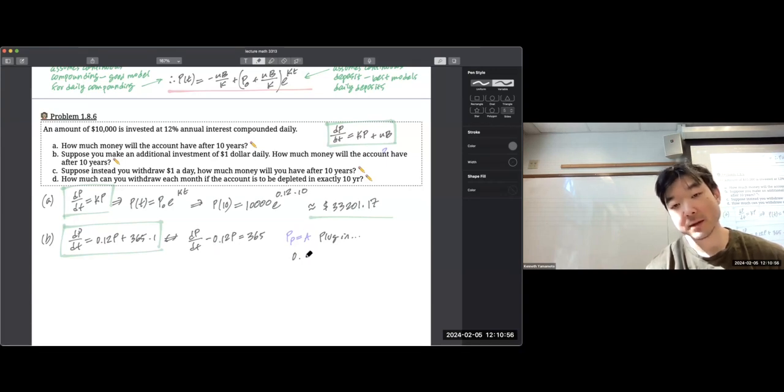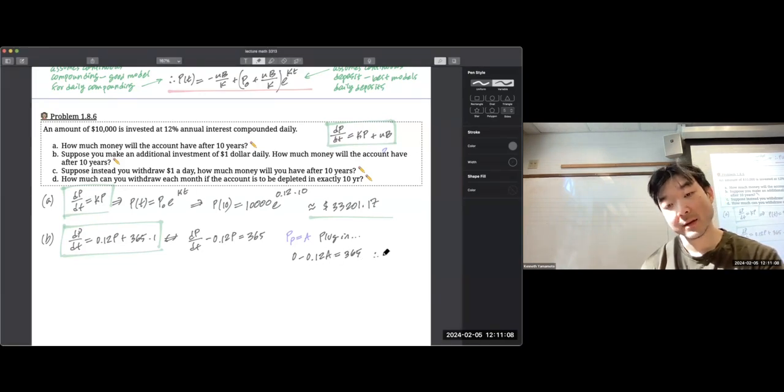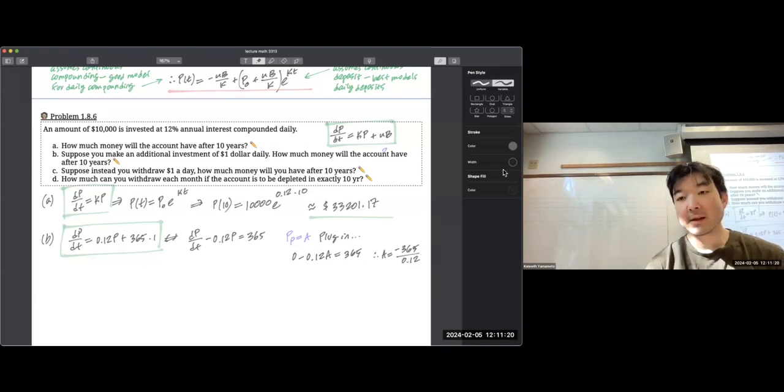And then it's minus 0.12 times A is equal to 365. So you'll just have to divide both sides by -0.12. So therefore your A is negative 365 divided by 0.12. And that's going to be your particular solution.